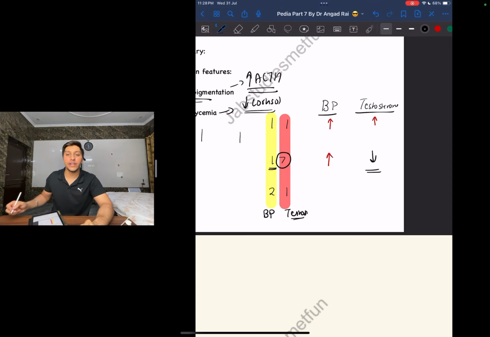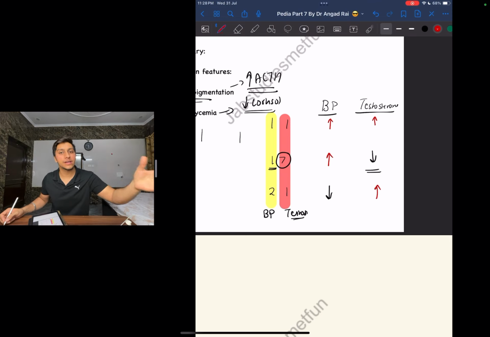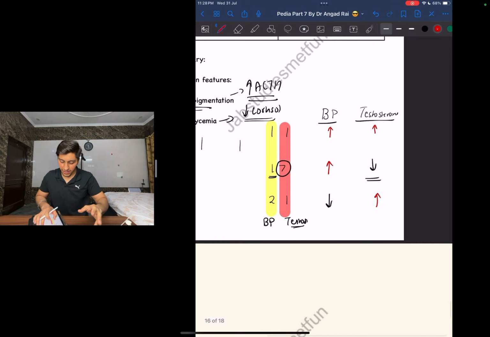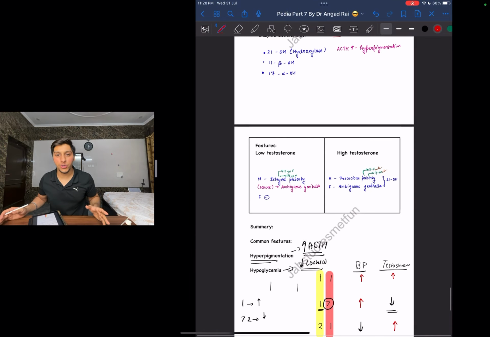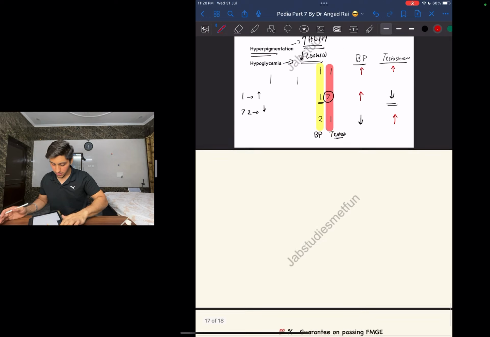In 21 deficiency, first is 2. So BP will be low, but testosterone will be high. I hope you understood this trick. And if you ever think, what comes first, whether it was BP or testosterone, remember the alphabet: B comes before T. Guys, this is all I want you to know about pediatrics.